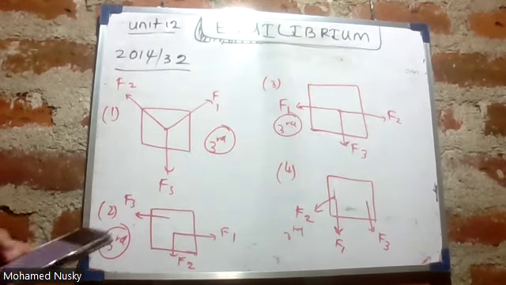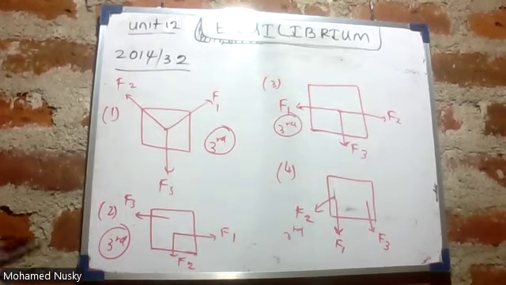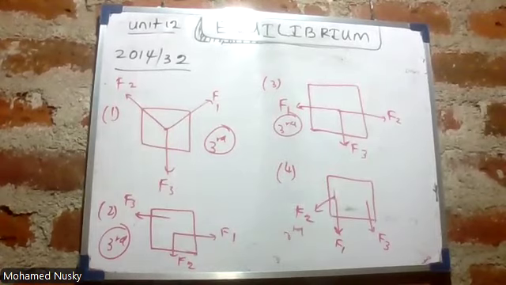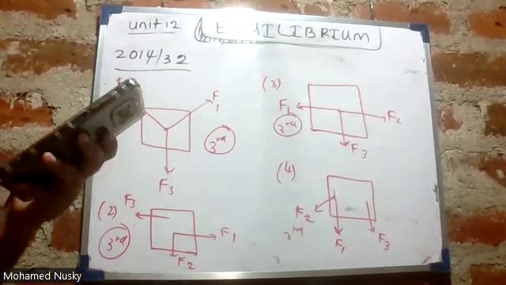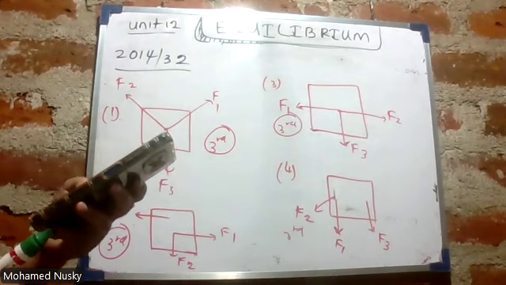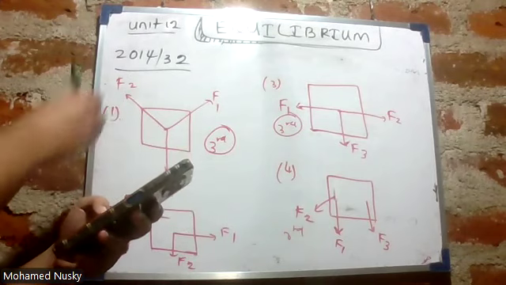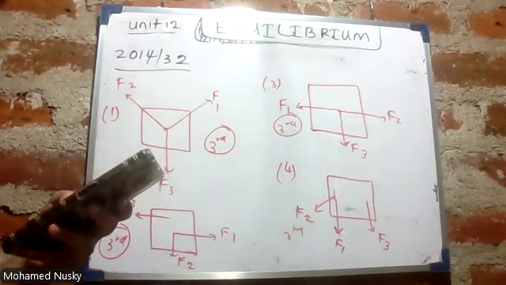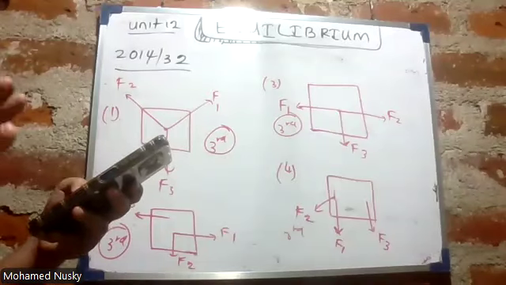Before seeing the first question, you see the first choice they have given. You can see the forces F1, F2, and F3 are on the same plane. In the third category, what are the conditions that should be applied?